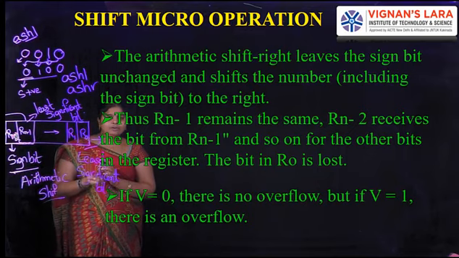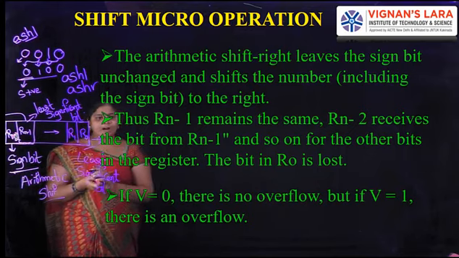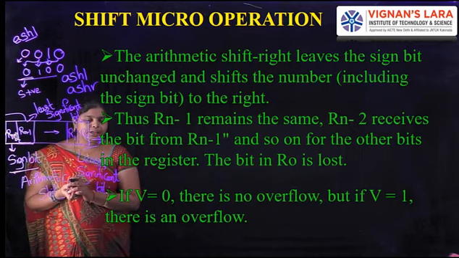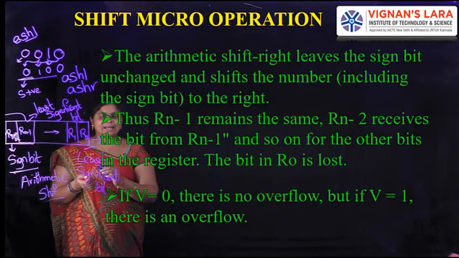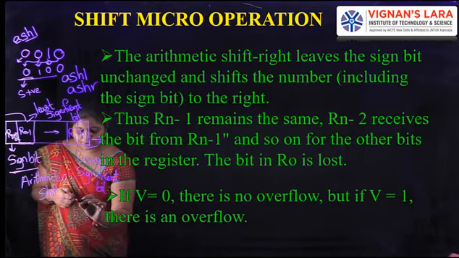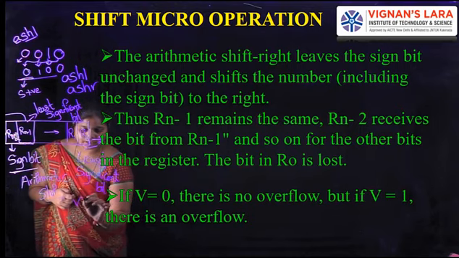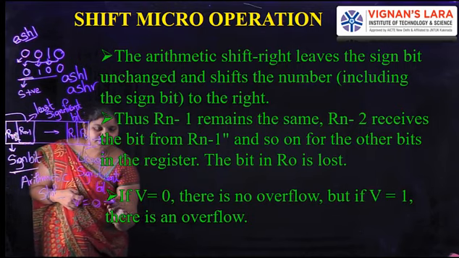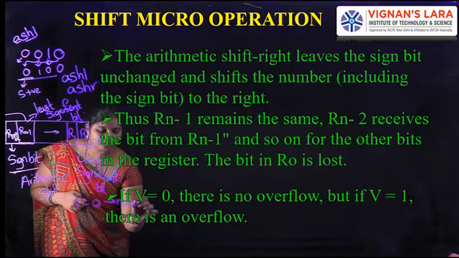If we take V0 as 0 and V1 as 1, V equal to 0 means no overflow. In arithmetic shift we have two types of overflow. V equal to 0: there is no overflow.